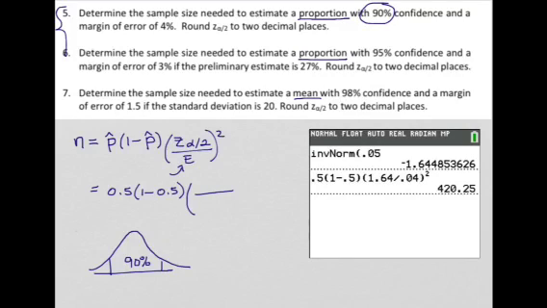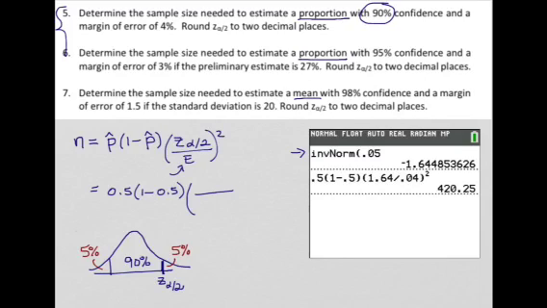So the question is, what is z sub alpha over 2? Z sub alpha over 2 is this value right here. So it's a boundary value. That means we're going to use the inverse norm function of the calculator. Since this is 90% in the center, that means that there is 10% left over, 5% in the upper tail, 5% in the lower tail.